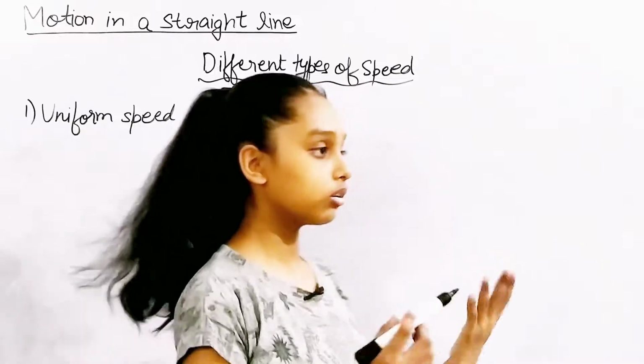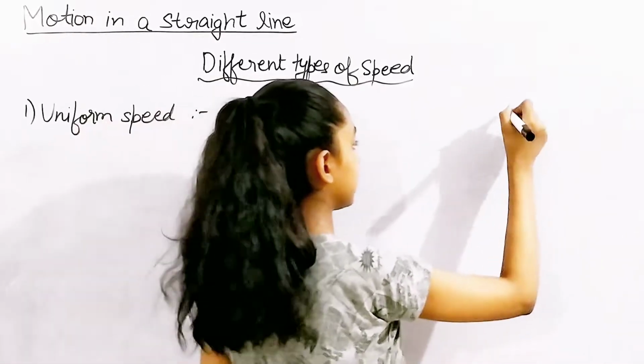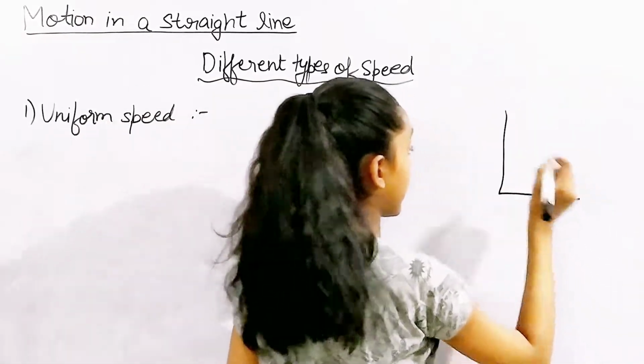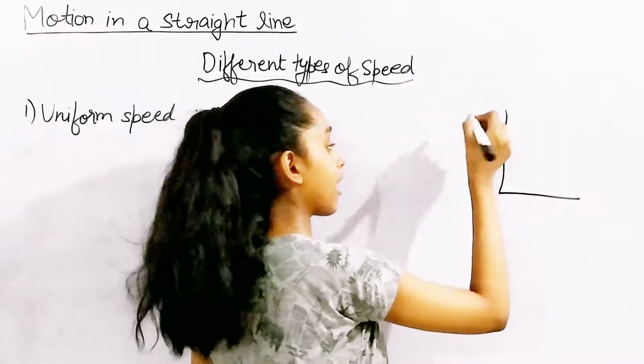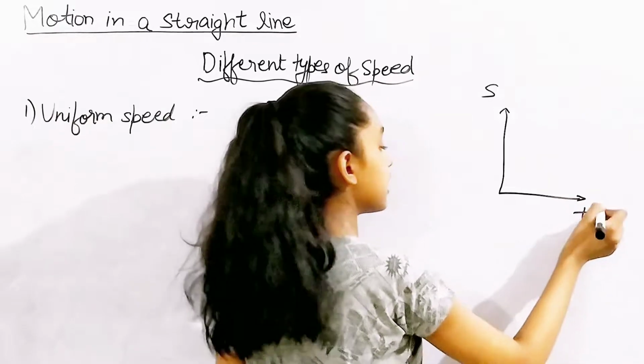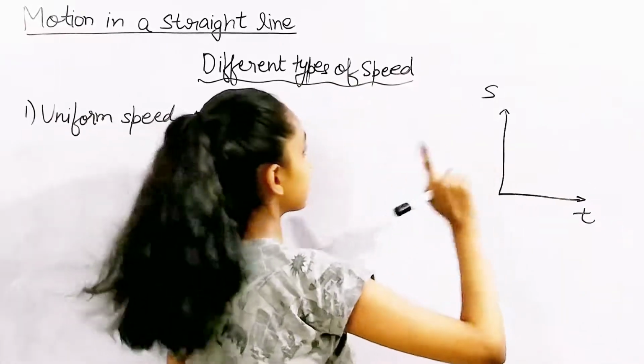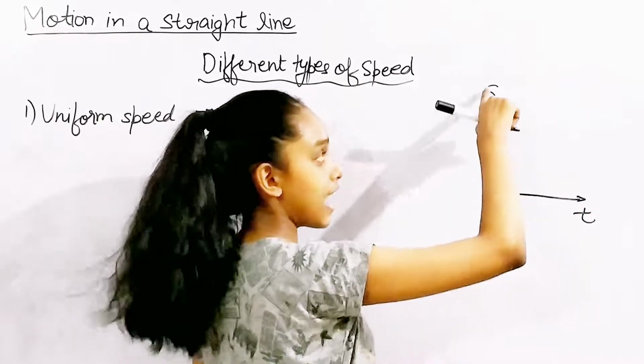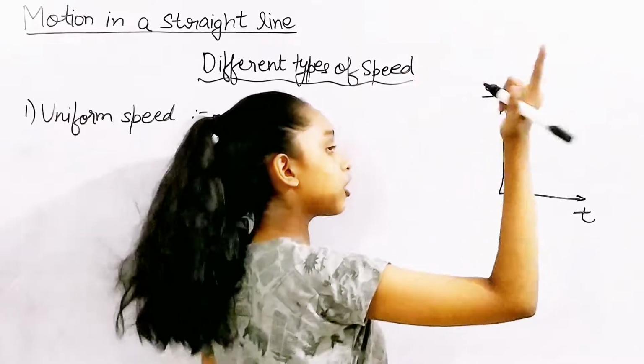Okay, so let me just draw a graph here. It's a distance-time graph, which means here S and here T. T is for the time in seconds. Distance S, in meters.